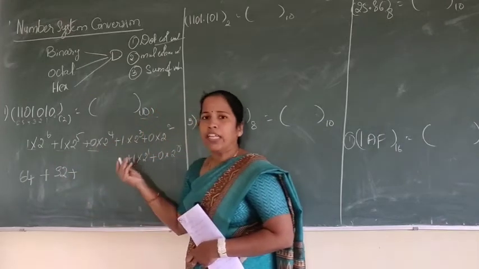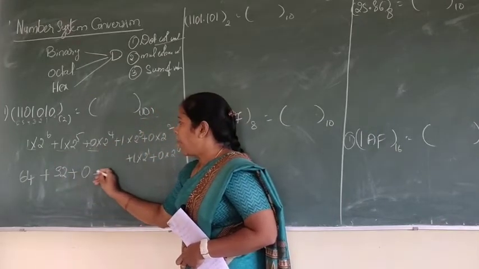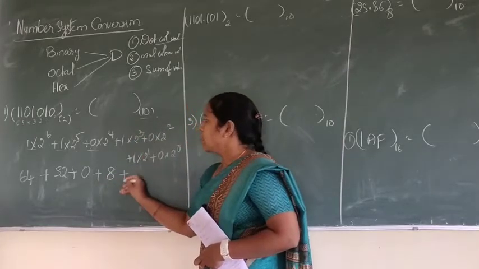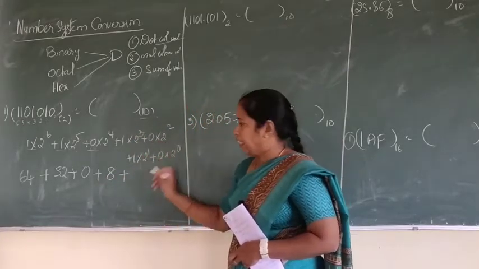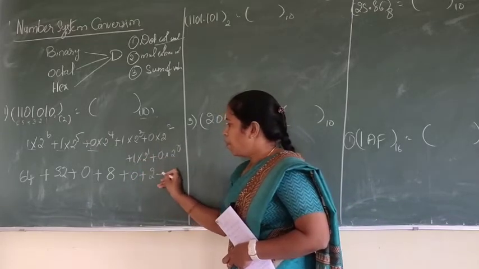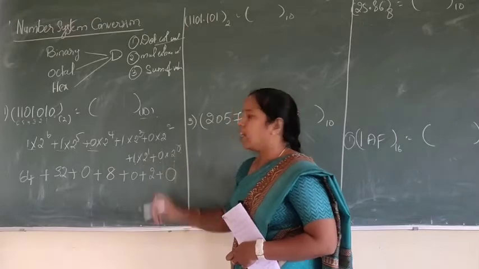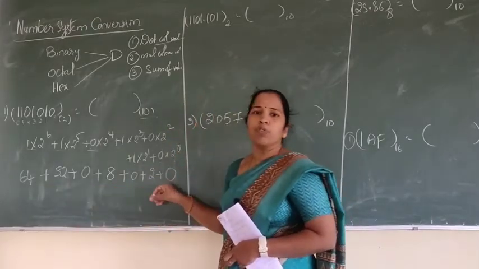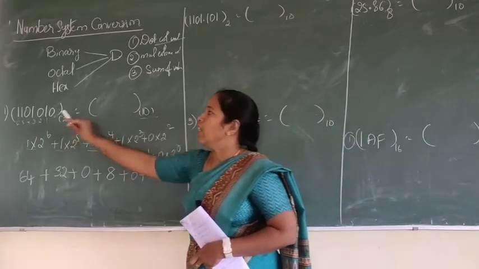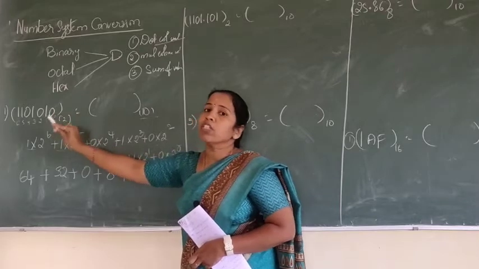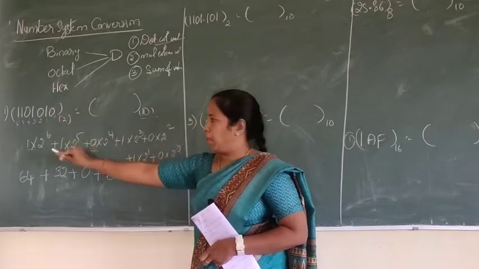Plus 0 into anything is 0, plus 1 into 2 to the power of 3, that is 8, plus 0 into anything is 0, plus 1 into 2 to the power of 1, that is 2, plus 0 into anything is 0. So I have determined the column values: each digit of the given number is multiplied by the positive powers of the base of the number system.